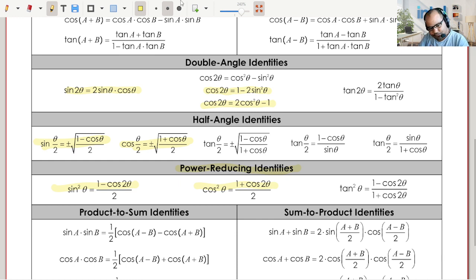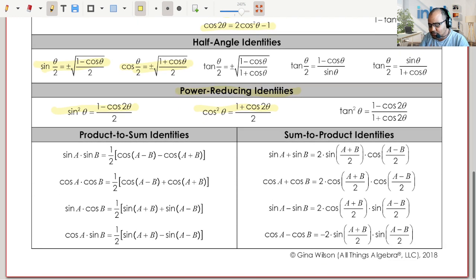Keep this handy. These product-to-sum and sum-to-product identities don't get used a lot, I'll say, but if you are, say, in electrical or computer engineering and have to do anything with signal processing, or you're studying the Fourier transform, or just working with a lot of digital signals, these show up in a lot of integrals and a lot of formulas that you have.